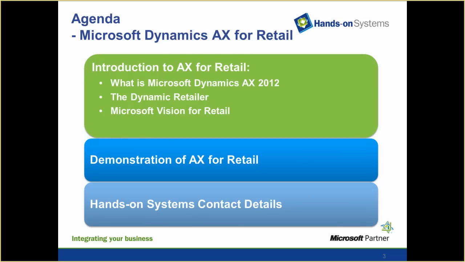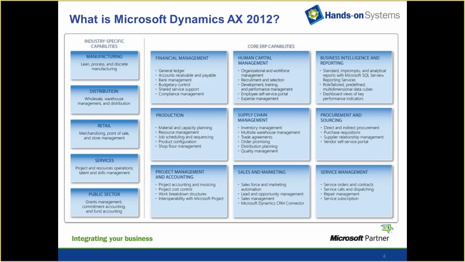Okay, so taking a look at our agenda in a little bit more detail. What is Microsoft Dynamics AX2012? We're going to be covering off the dynamic retailer and looking at the Microsoft vision for retail. So what is Microsoft Dynamics AX2012?